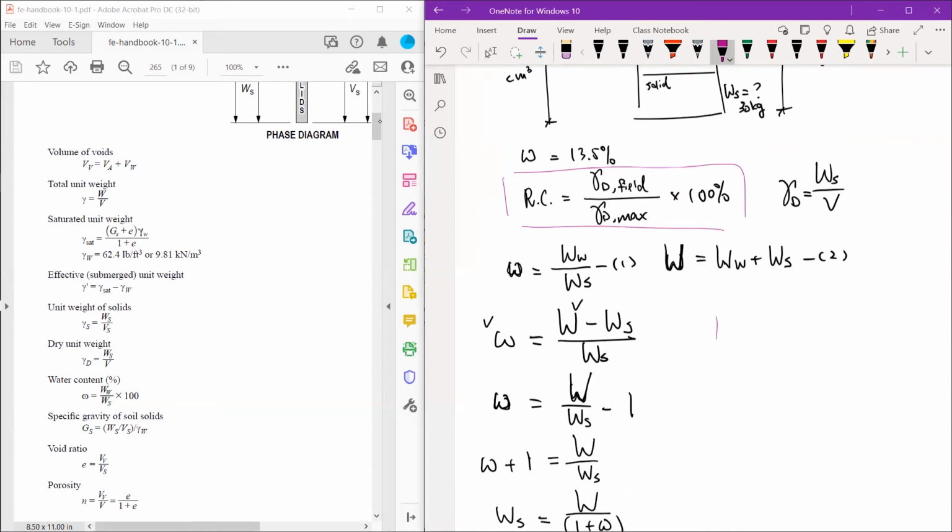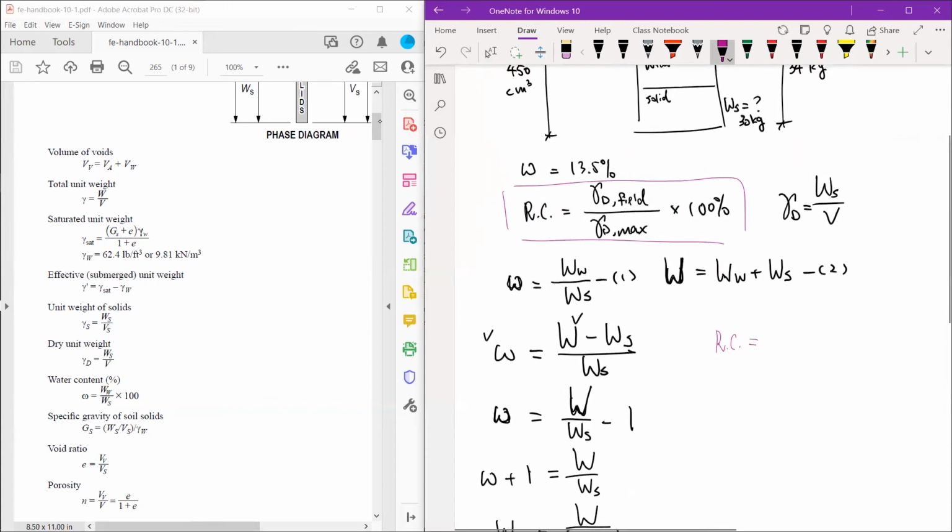So the relative compaction equals the weight of solid in the field divided by volume, and then divided by the weight of solid.